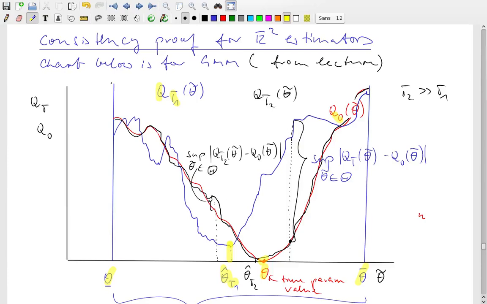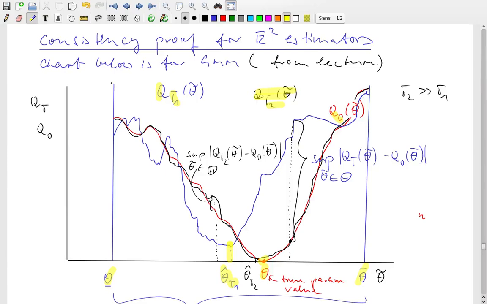Now what happens if we increase the sample size to, say, t2? We get this black objective function evaluated at all values of the parameter space. And what you're going to see is that the black function and the red function, the Q naught function, resemble each other pretty nicely. No, they don't entirely overlap, but they become very close to each other.